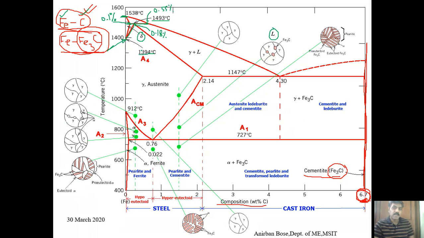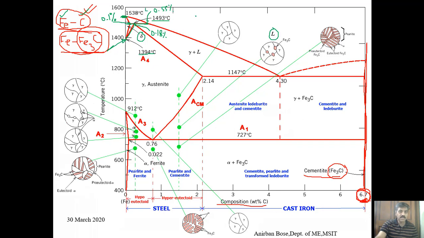So in this region, what you have to remember is three temperatures. One is the melting point of iron, 1538. Another is this temperature, 1493, and this temperature, which is 1394. Okay, now here if you see, this region is liquid, right?